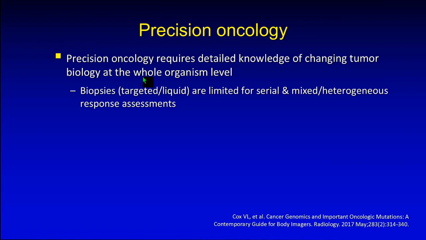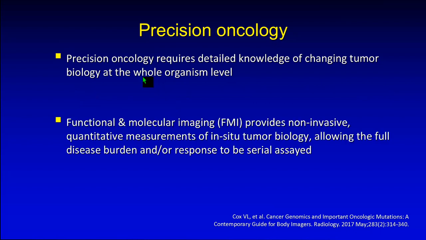So in other words, we need a detailed knowledge of what is happening over time. And liquid biopsies, circulating DNA, and tumor markers are not enough for this enterprise, as we've already heard.